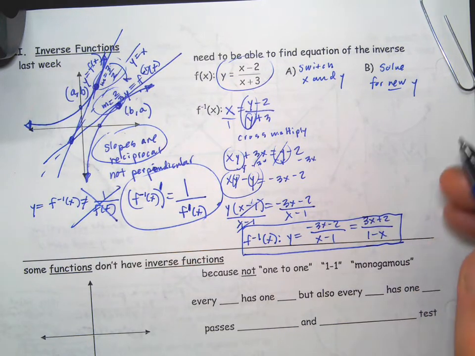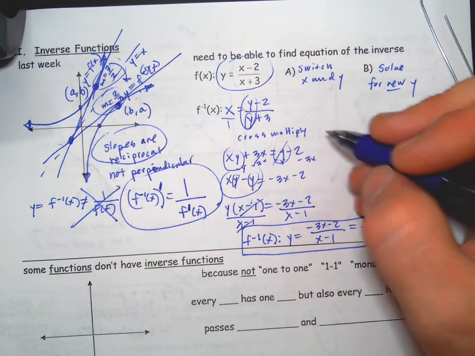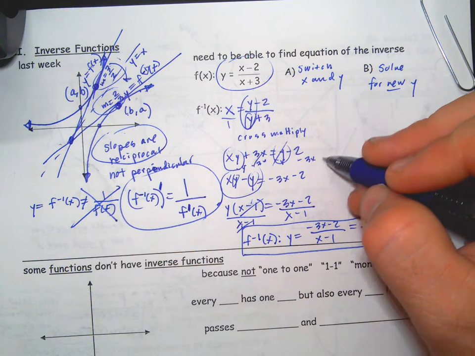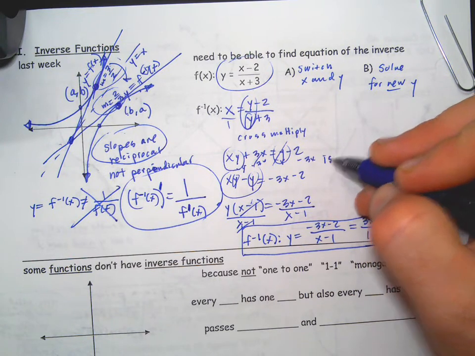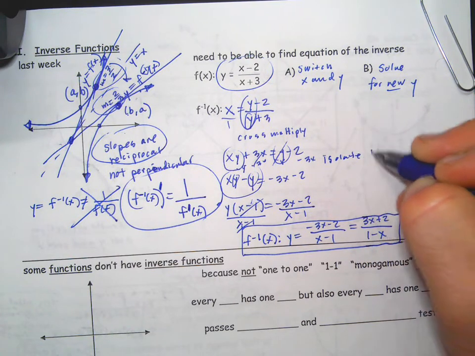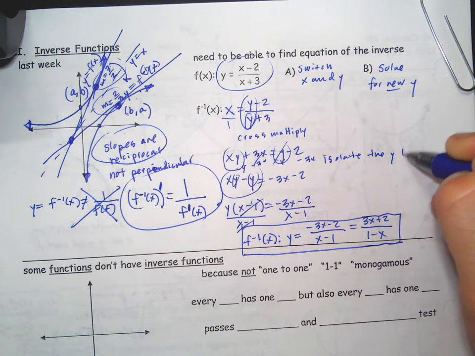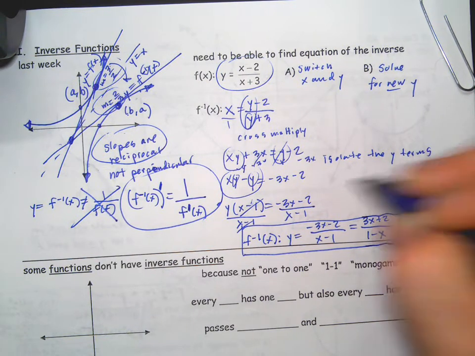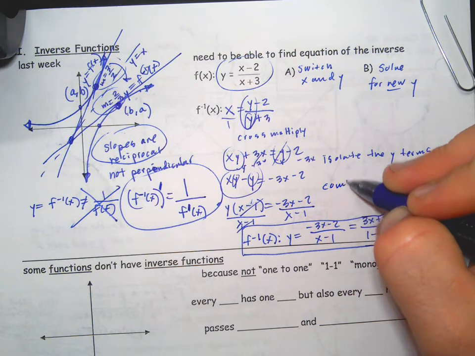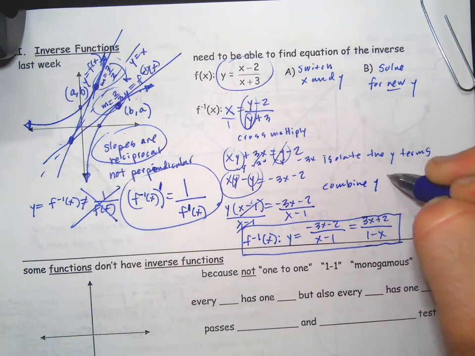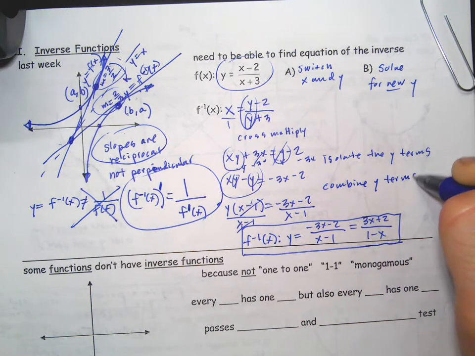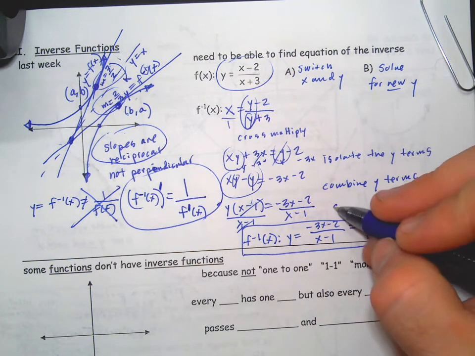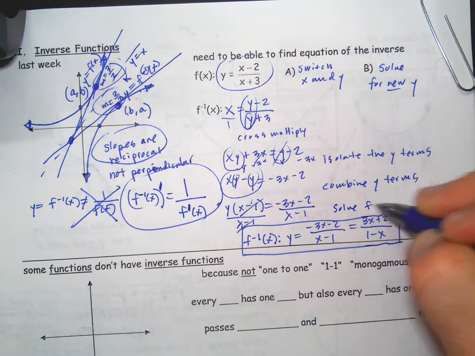So that's how. We cross multiplied, we isolated the y terms, right? And then we combine the y terms, and that's using a little trick by factoring the y out, and then we solve for y.